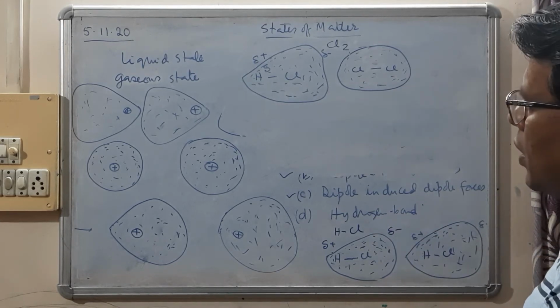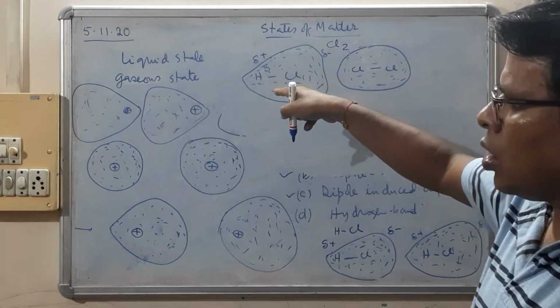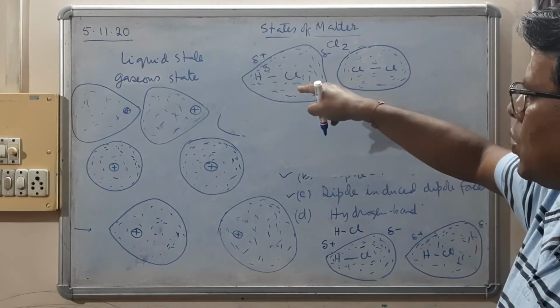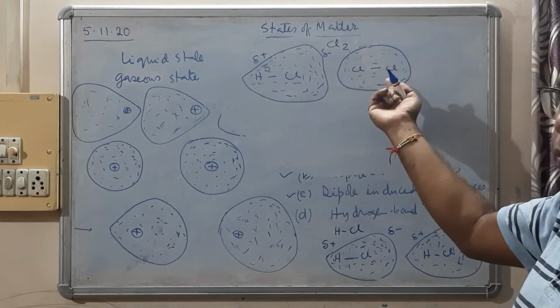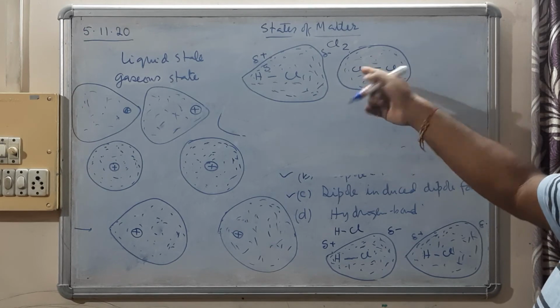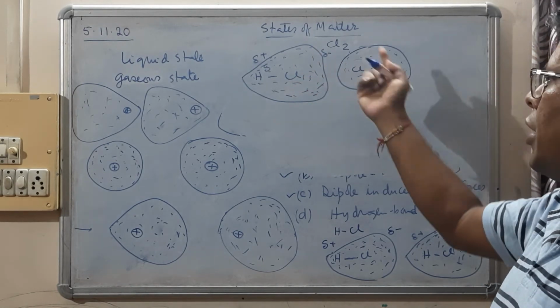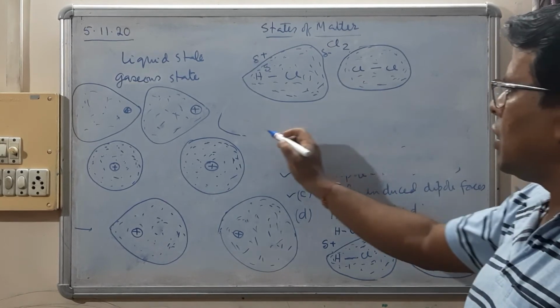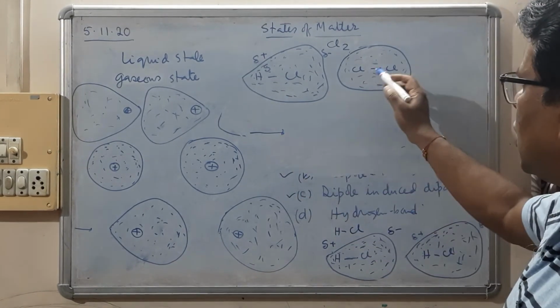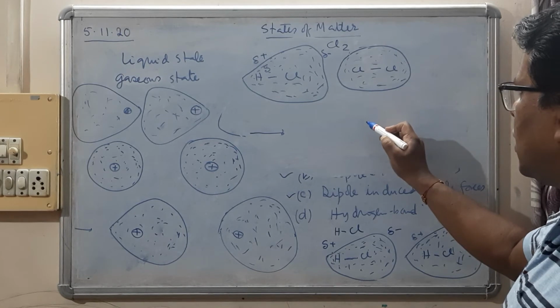So now what will happen is that this dipole, because it is very near to it, will induce polarity over here. This dipole will induce polarity on here, and after that this one will become like this.